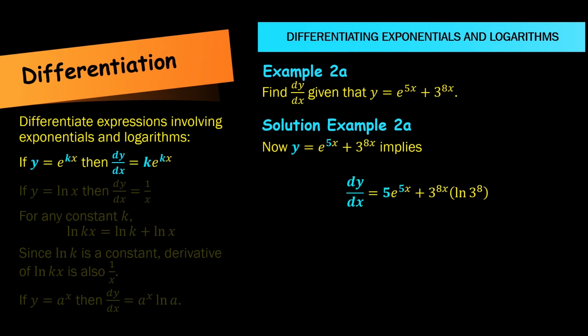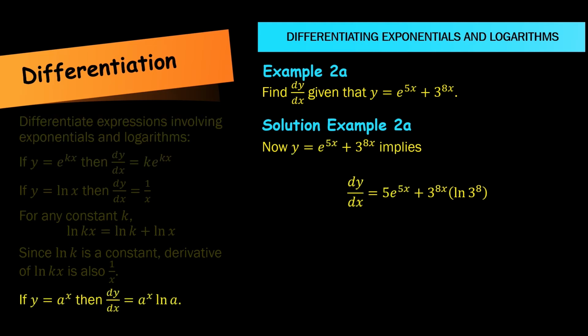We can differentiate term by term, so let's consider the first term, e to the power 5x. If we substitute k equal to 5 in the formula as shown, we have that dy dx of this part of the expression is 5e to the power 5x, as shown. Let's now consider the second term for dy dx.